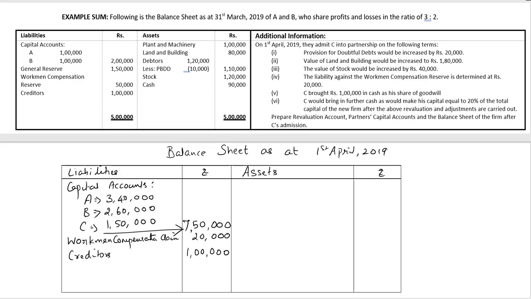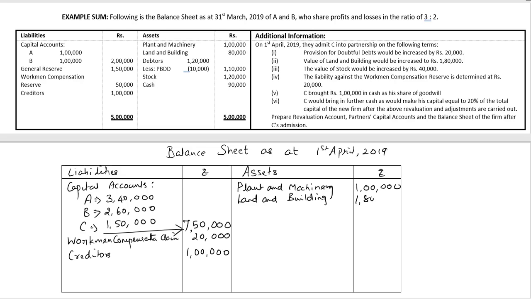Let's go to the asset side items. First item, plant and machinery. There is no change in value, rupees 1 lakh. Second item, land and building. Book value 80,000, but it says the value of land and building would be increased to 1,80,000.